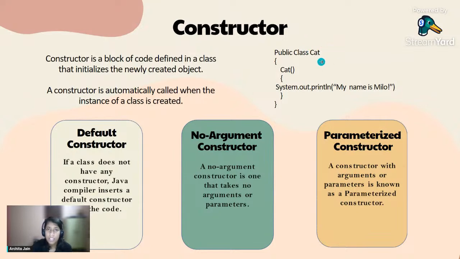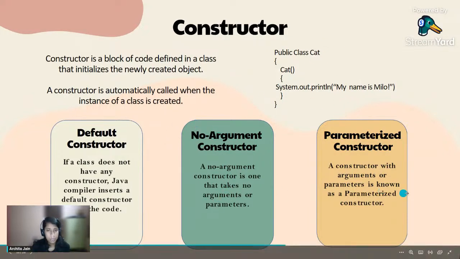There are many types of constructors, like parameterized, default, and there is a copy constructor as well. The constructor name and the class name have to be the same. If you have to identify a constructor in a program, just see whether there is any method that has the same name as the class name; that will be a constructor.